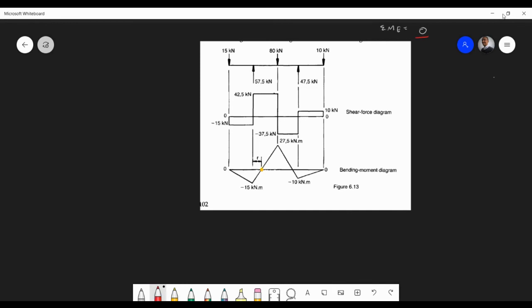So we have minus 15 kilonewtons, and then I have the other force there, that's 57.5. We know the sum of moments at the yellow point equals 0. So I'm saying minus 15 times 1 plus R. Does it make sense? It's 1 plus that R distance. You guys see it?